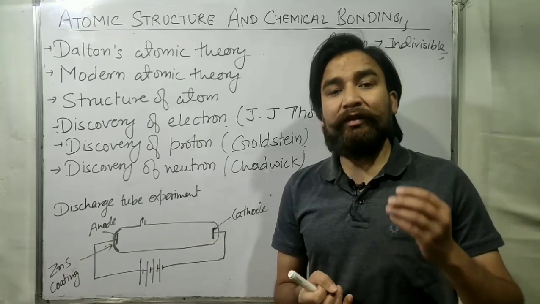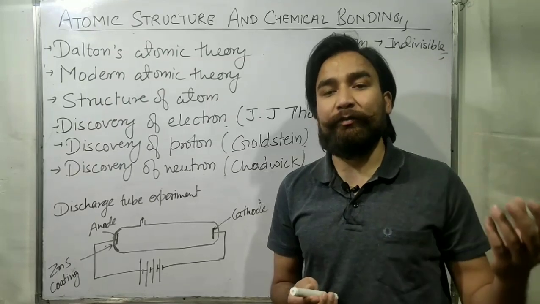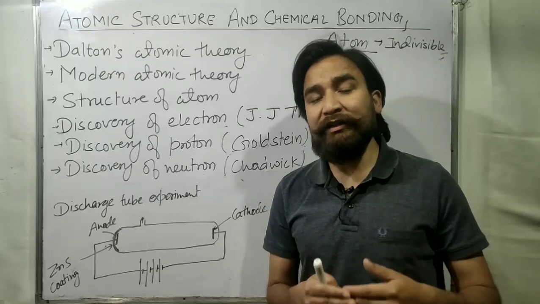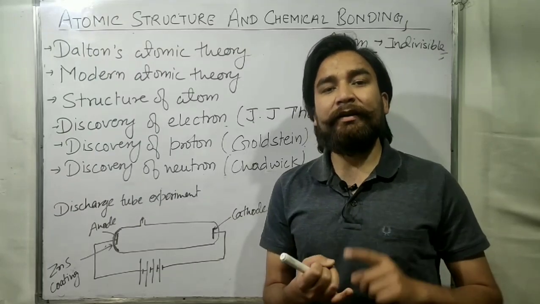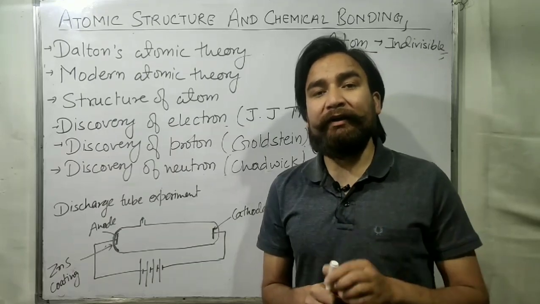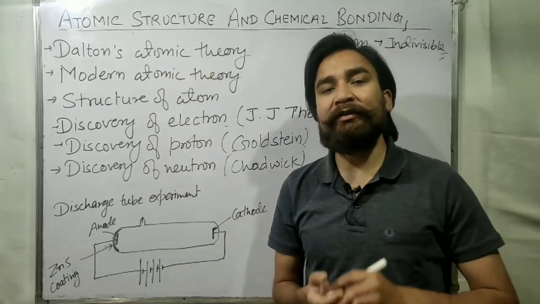It means the atoms of a particular element, for example, the atoms of sodium, all atoms of sodium will be identical. Identical means same by mass, by size, etc. In all the aspects, all the atoms will be same according to Dalton's atomic theory.